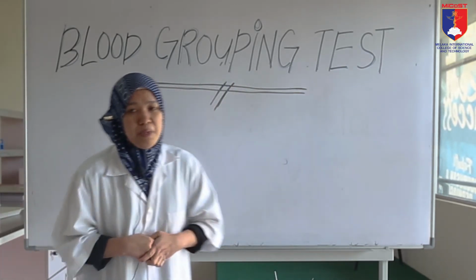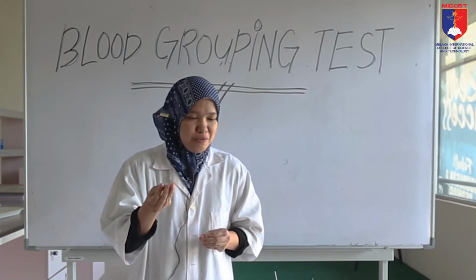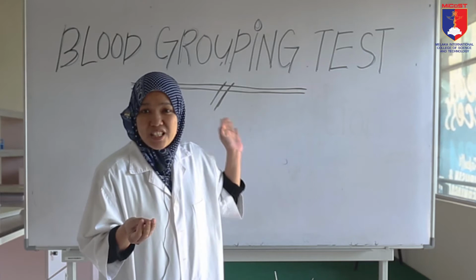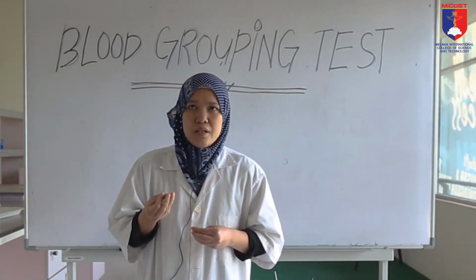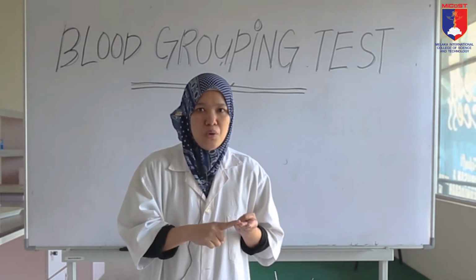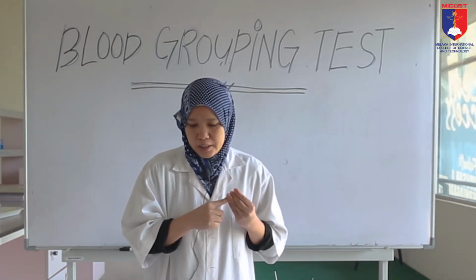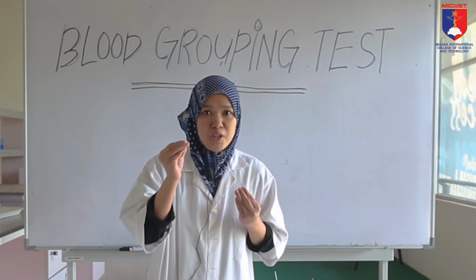The purpose of doing this test is to know what type of blood we have, either A, B, AB, or O. In our blood, we have component cells.